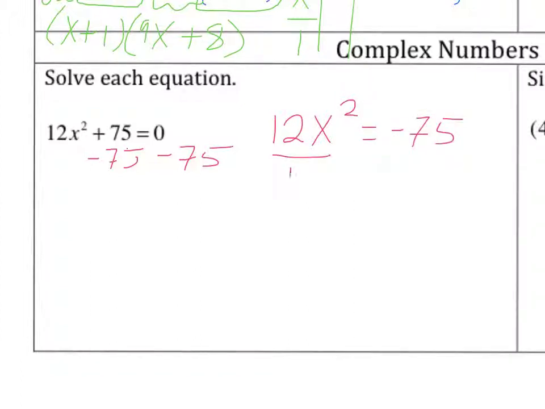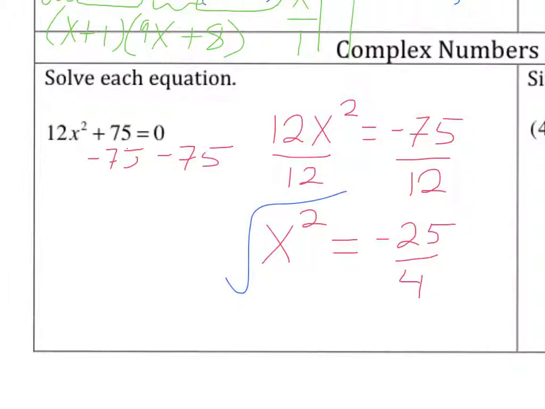Divide both sides by 12, and I get x squared. This can reduce. Both are divisible by 3. Negative 25 over 4.